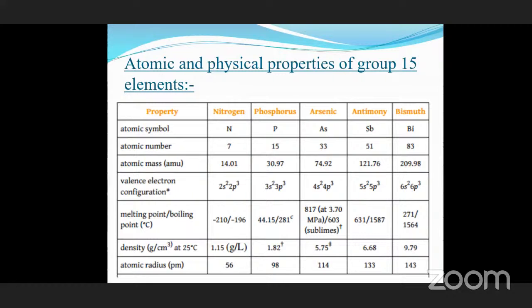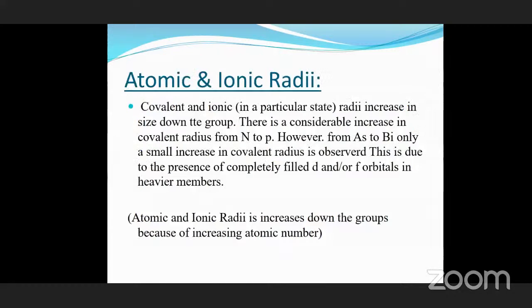Next, what is the meaning of atomic and ionic radii? Atomic radii is also called atomic radius. Radius is the singular word, radii is the plural of radius. Okay, as I told you, by increasing atomic number the atomic size increases, and the atomic radii also gradually increase in the groups from top to bottom.